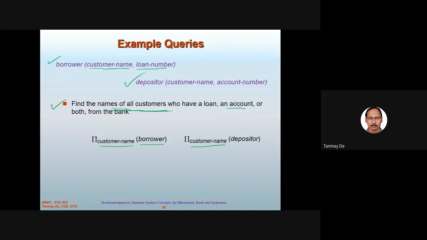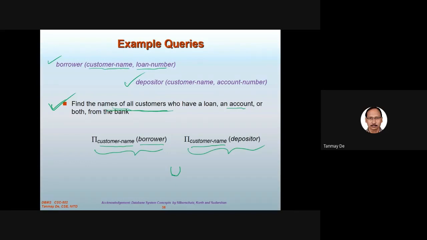Now, how do we get the result? What operation needs to be performed? One relation outcome is the list of customers who have a loan. This is also a list of customers who have an account. How do we combine them? By using the union operation.